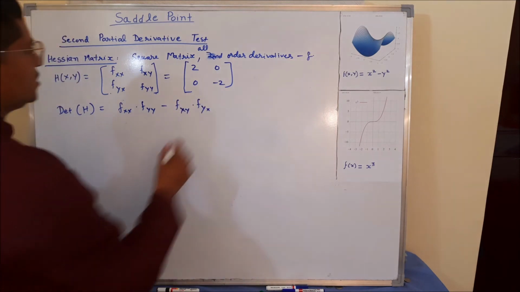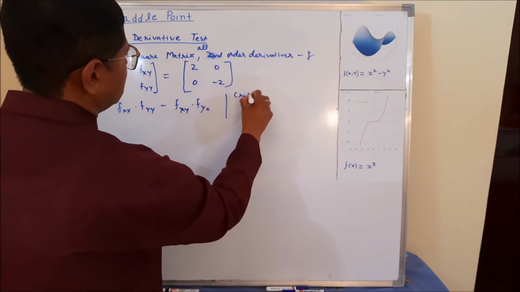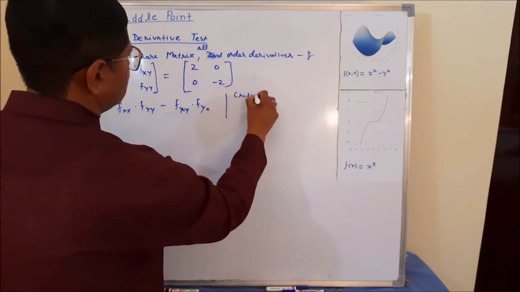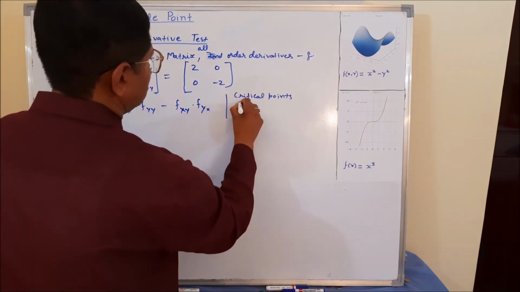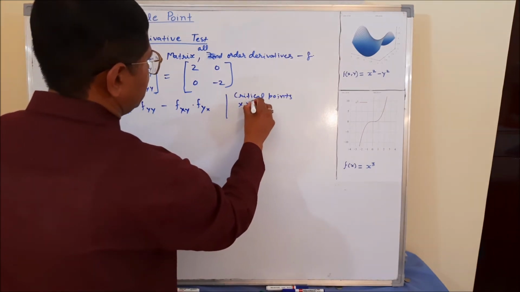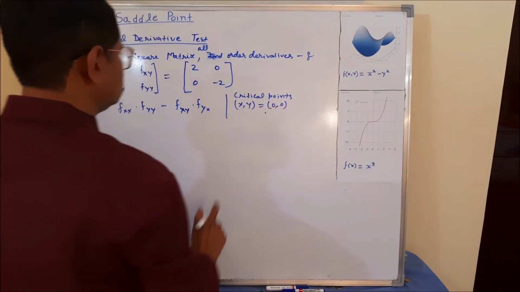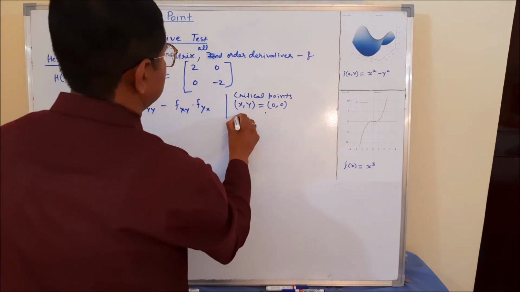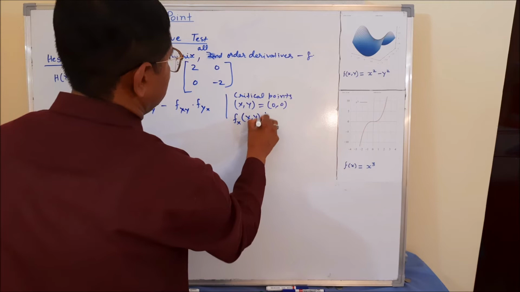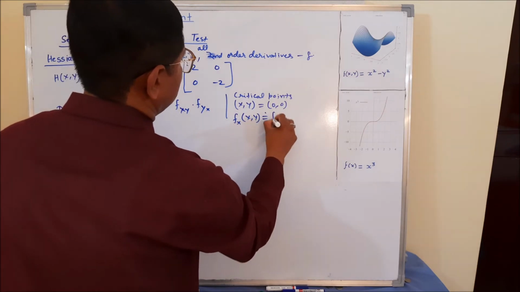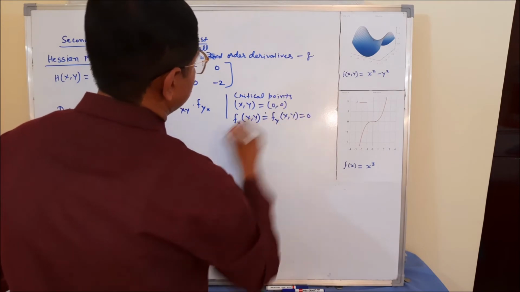Now we are assuming that we have some critical point (x,y) equal to (0,0), where our first order derivatives fx and fy are equal to 0.